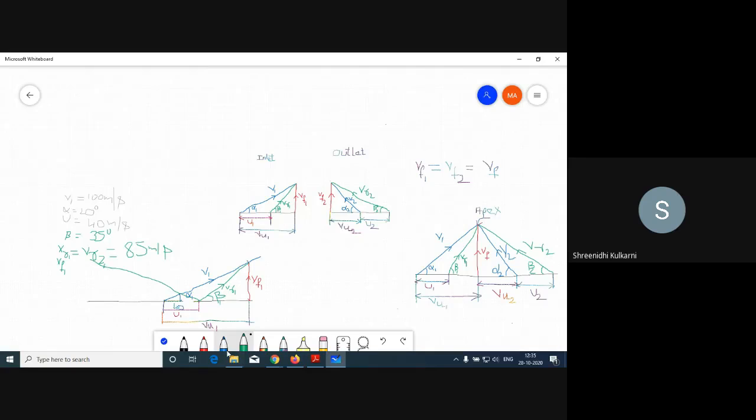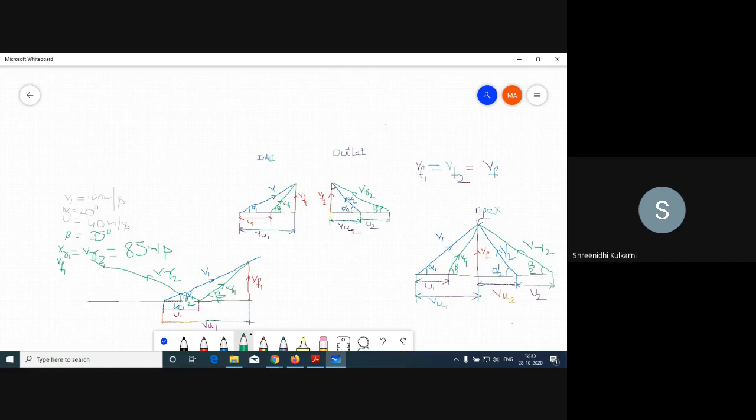Clear? Next, I will call this VR2, and this angle is beta 2. So here I'm showing this is beta 2.